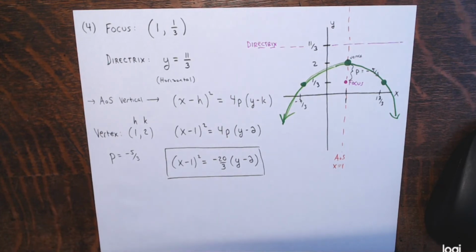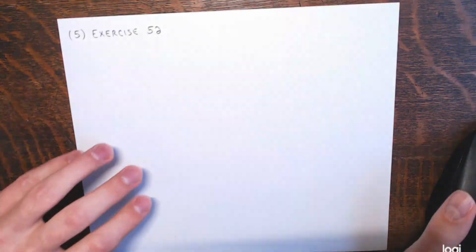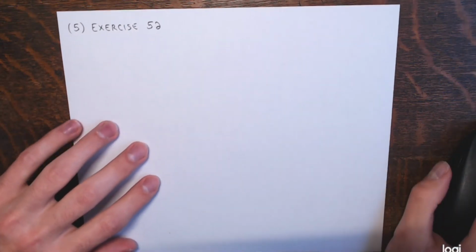All right. Now my last two examples will be a little different than these. We're going to be given a graph of a parabola, and it just asks us to write the equation of that graph in standard form. So my next example, example 5, is exercise 52 from the text.